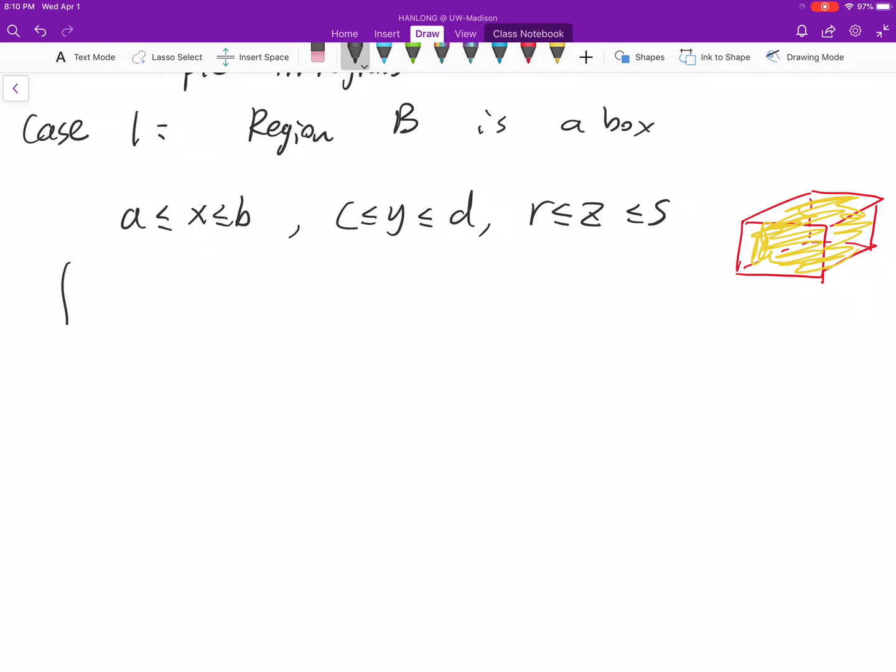Okay, and then the integral we are interested in is the integration of some three-variable function over B.